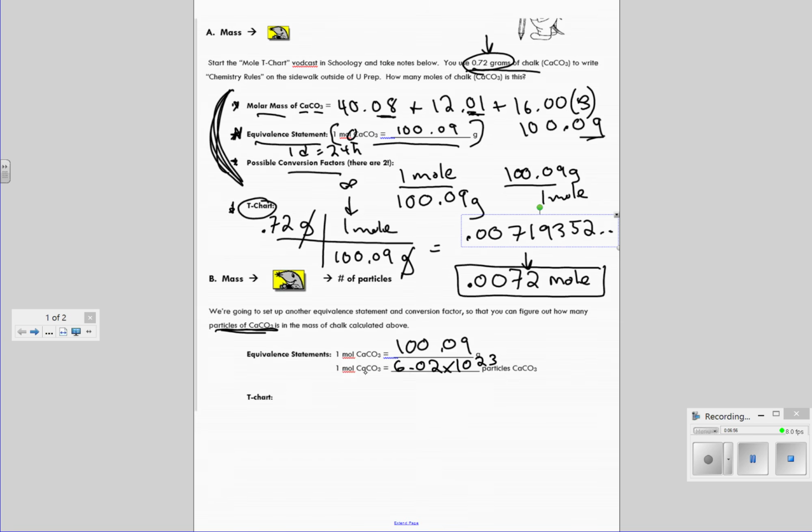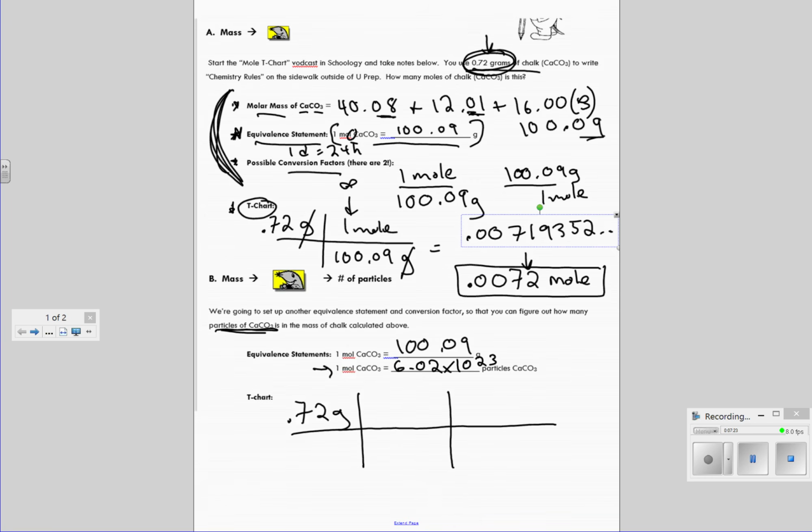Remember that for this second statement, the CaCO3 part is totally irrelevant. It doesn't matter that it's CaCO3. It just matters that we have 1 mole of something. Okay, so now we're starting in grams, but instead of going from grams into moles, we want to go from grams into particles.